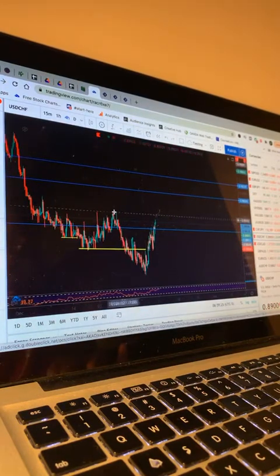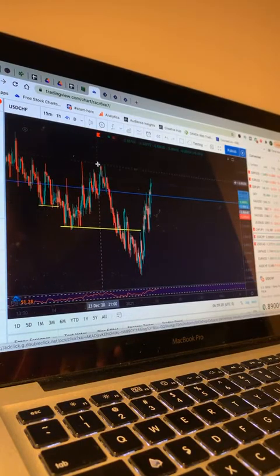So it's getting to one of these highs right here, and that would be a good point for you to look for your sell entry. So like I said, 0.8918 is where I'll begin to look for those reversal patterns for USD Swiss franc.